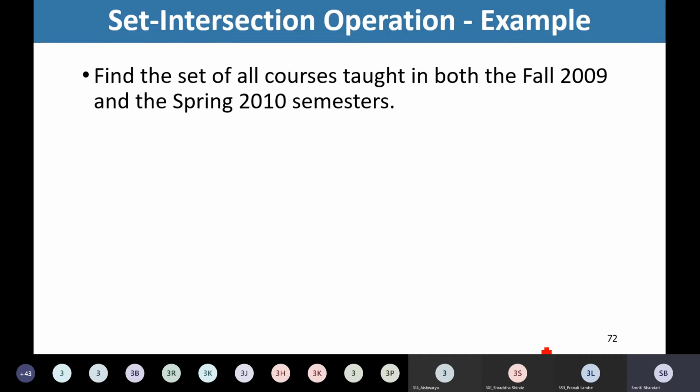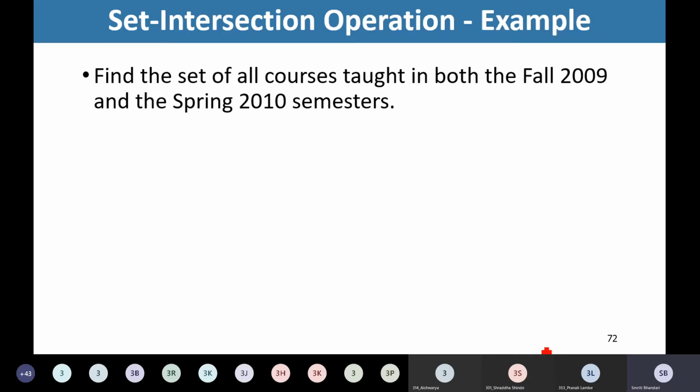We wrote a query like find the set of all courses taught in fall 2009 or spring 2010 or both. And now we are writing a query to find the set of all courses taught in both the fall 2009 and the spring 2010 semesters.